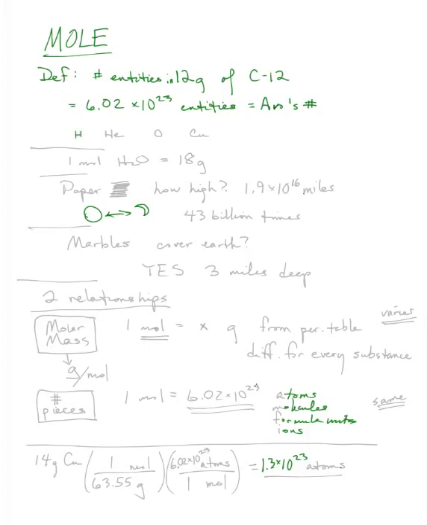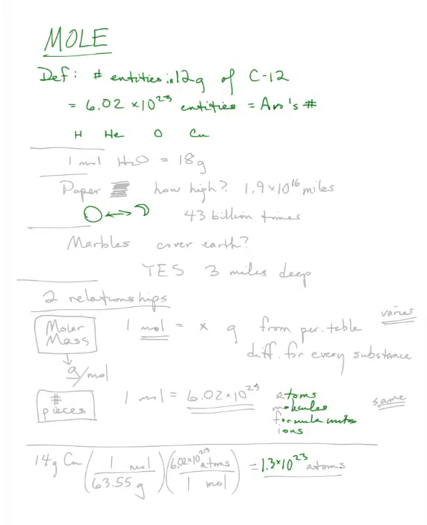Helium atoms are 4 times as massive as hydrogens. Oxygens are 4 times as massive as heliums. Copper is about 4 times as massive as oxygen.